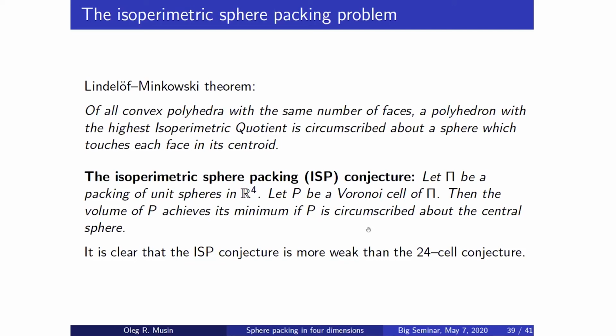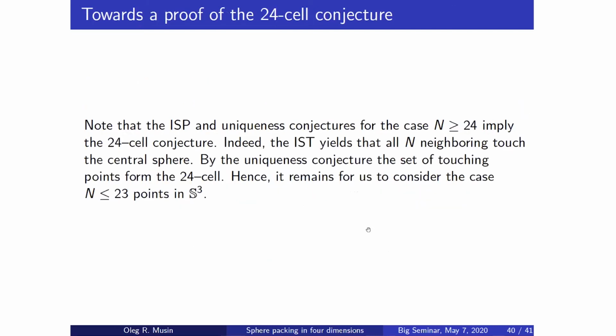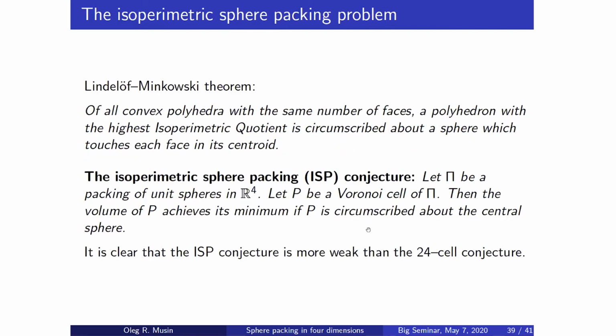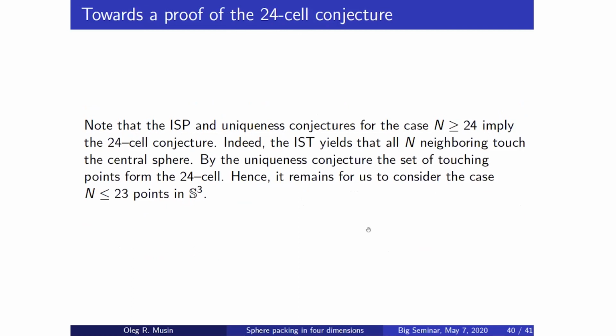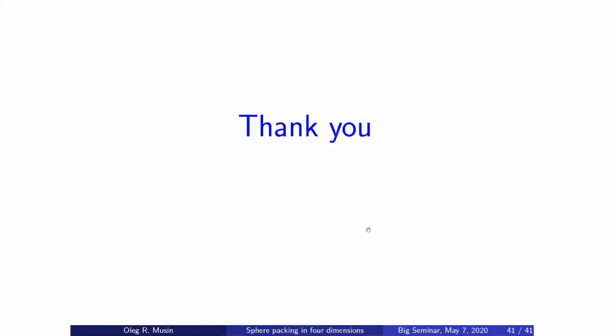It seems to me a complicated problem, but this problem, plus uniqueness, more or less directly implies the solution of the four-dimensional problem. There is also a third problem, another problem. Thank you.